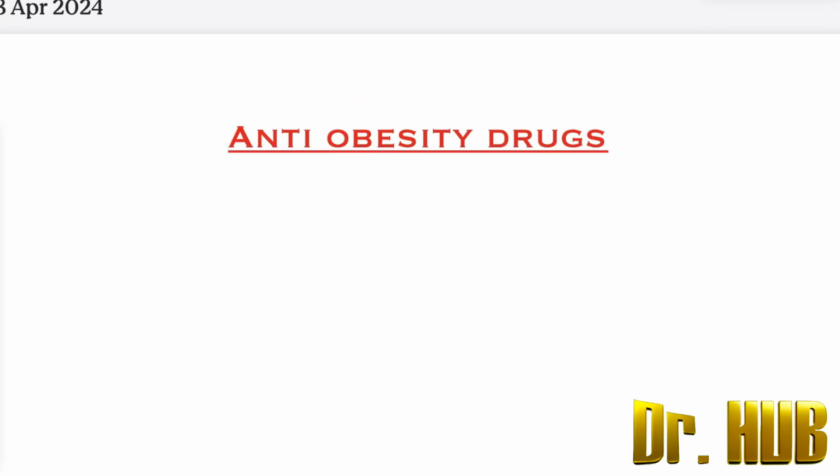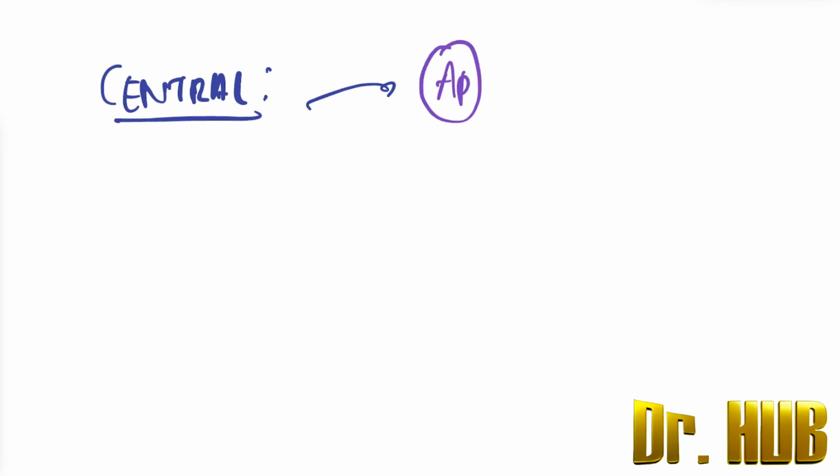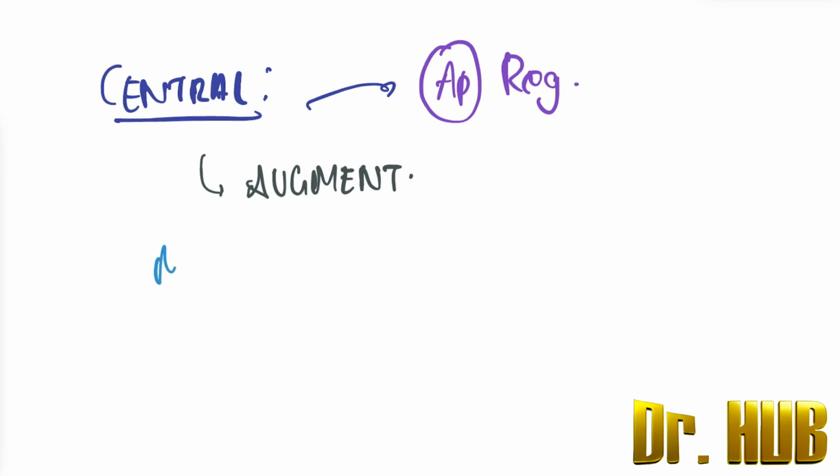Anti-obesity drugs. There are some centrally acting anti-obesity drugs. The biological effect of these agents on appetite regulation is produced by the augmentation of the neurotransmission of three monoamines.